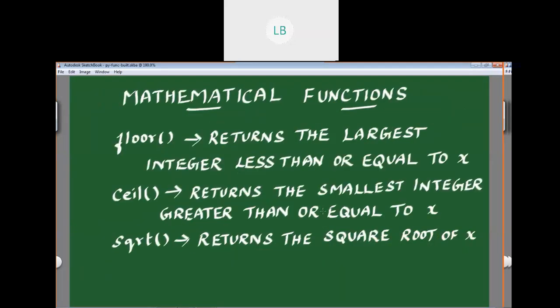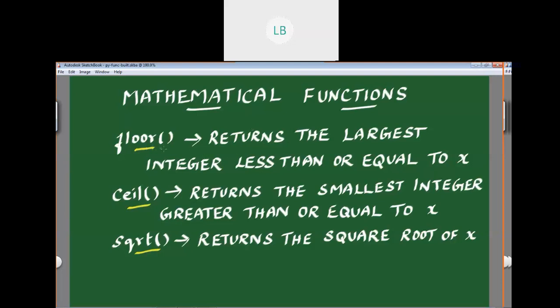Next we have mathematical functions. We have a few mathematical functions: floor function, ceil function, square root function. For using mathematical functions, we have to import the math module in the program.